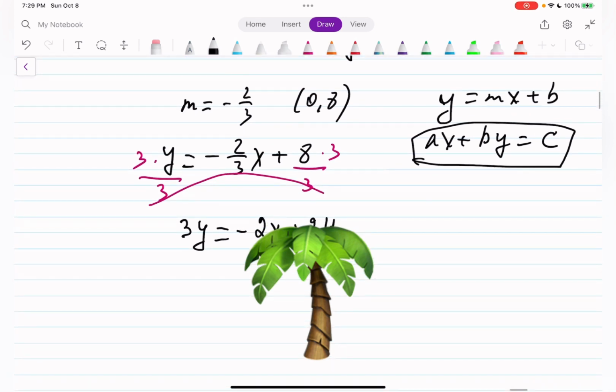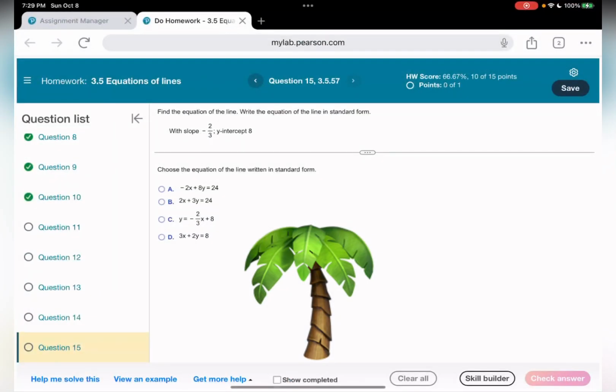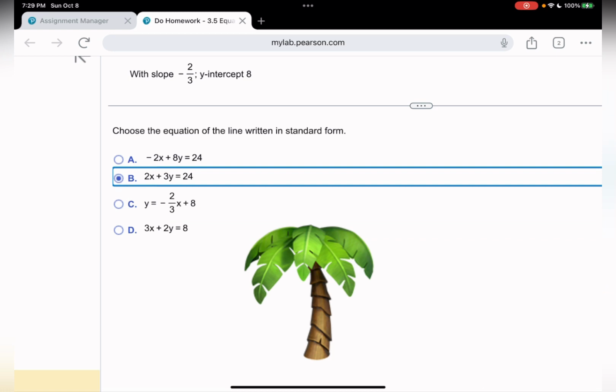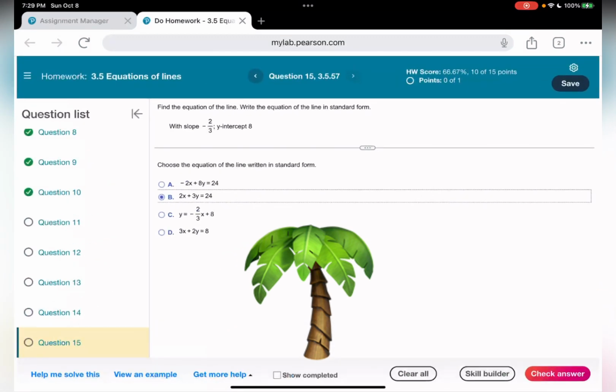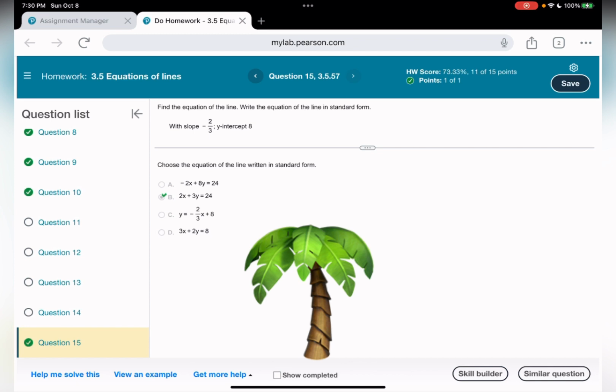Okay, so move 2x to the side where 3y is, and I get 3y plus 2x equal to 24. And this is my standard form. 3y plus 2x equal to 24. Here it is. Okay, and we are done, and I'll see you in the next video.